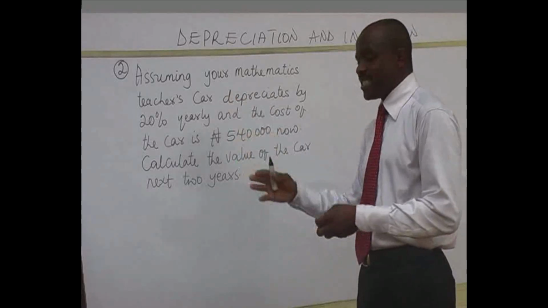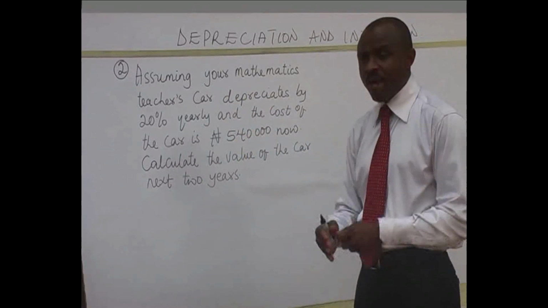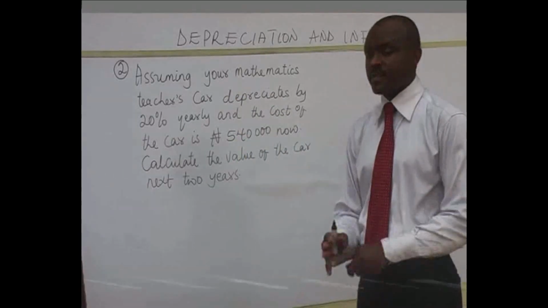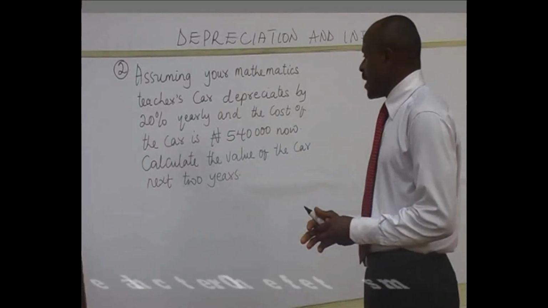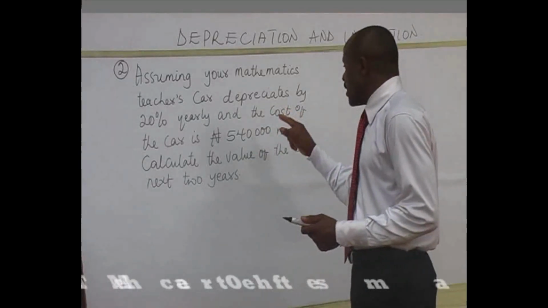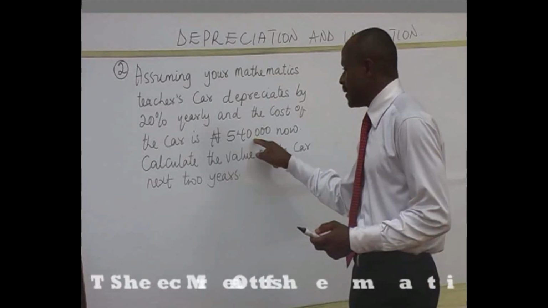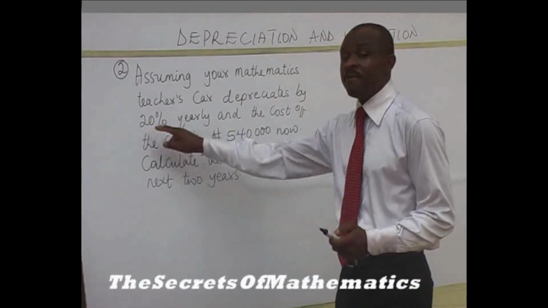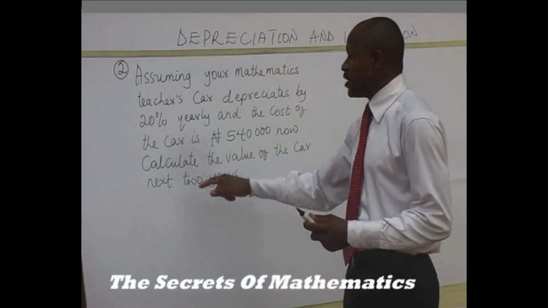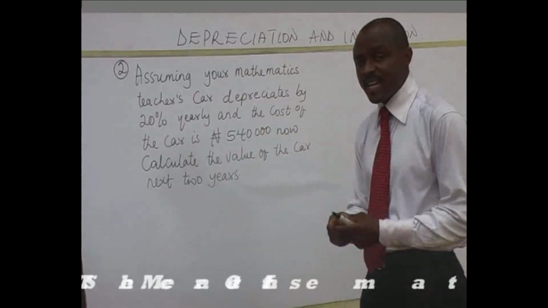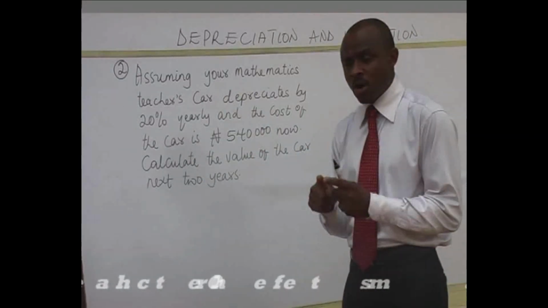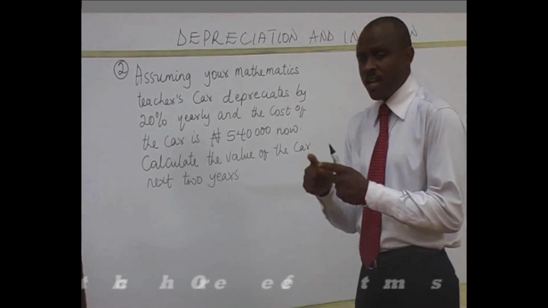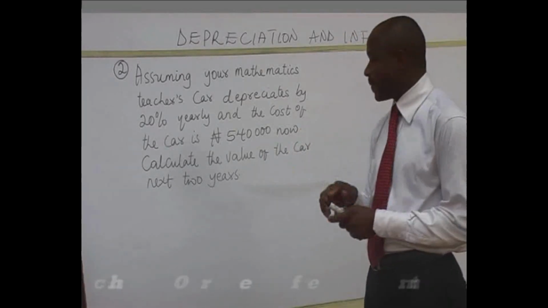Now we want to discuss depreciation, where values decrease. If the value of the car depreciates by 20% every year, that means you are going to subtract 20% of its value for the year in the next year.